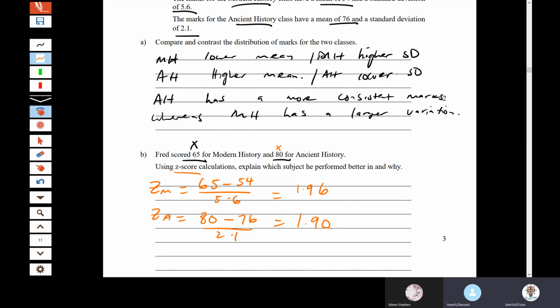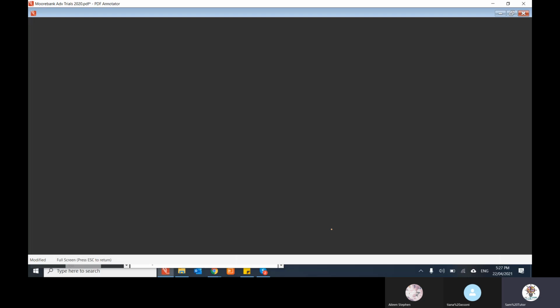Do we get why? Yeah, because he's further away from the average than he was in ancient. But that's also because it's a higher Z score. So Fred wants a higher Z score. A teacher wants a lower Z score for consistency. Good. Okay, we'll stop it there.